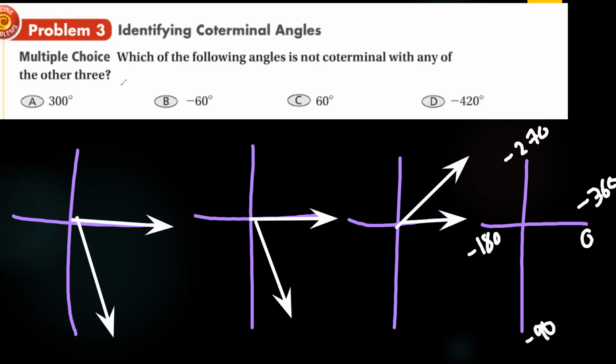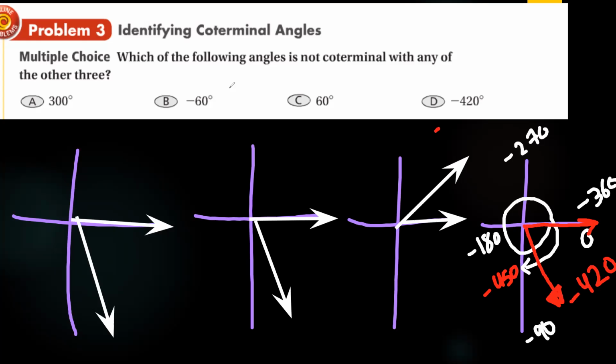So negative 420 means you have to continue moving one cycle plus another. If you stop here, you get negative 450, as we said before. But I want negative 420, so it's supposed to be here. So one cycle plus 60, you get negative 420.